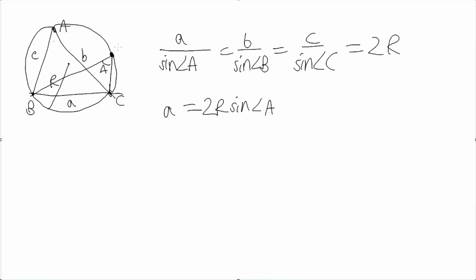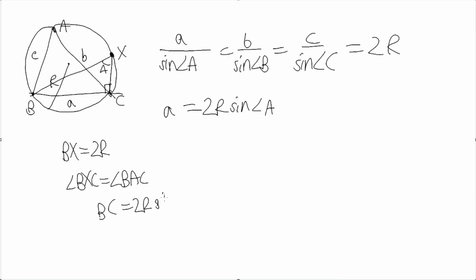So if we let this point be X, then BX equals 2R, and angle BXC is equal to angle BAC by cyclic quadrilaterals, which means that because this is a right angle here, if we construct it as such, this means that BC is equal to 2R sine angle A. All right, so that's the law of sines.